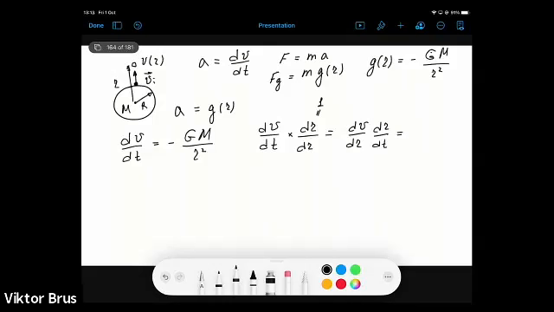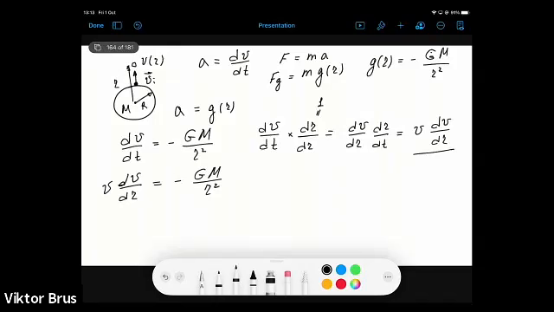And that will be v, velocity, times dv over dr. So we have already accomplished this task and got rid of the time on the left side of this equation. So let's write our result here. V times dV over dr is equal to minus G times M over R squared.